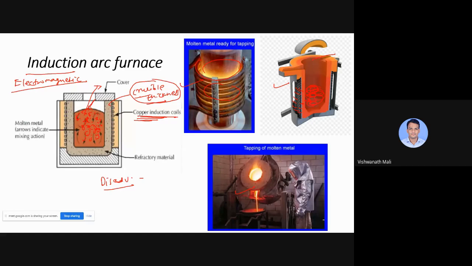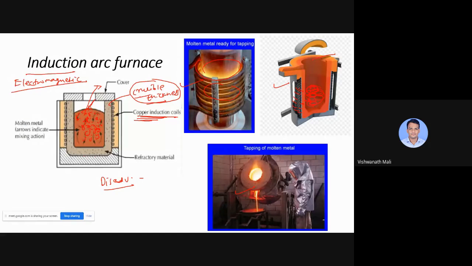Again, there is no contact between the copper coils and our molten metal, so there is no change in composition. So these are some advantages of this induction furnace.